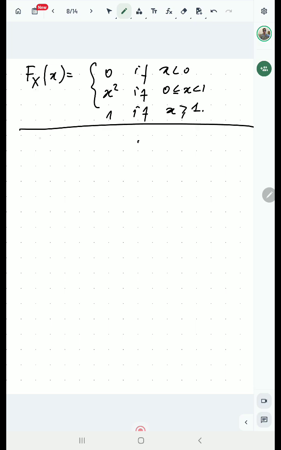Now we know that y is equal to x squared. So the question is, find the CDF of y. Here, obviously, because we have the CDF of x, we can use the CDF to CDF method.